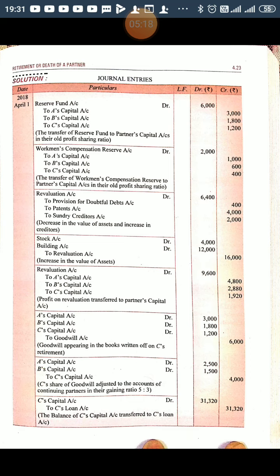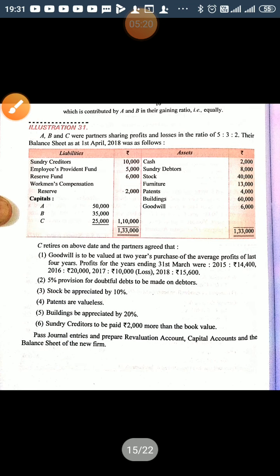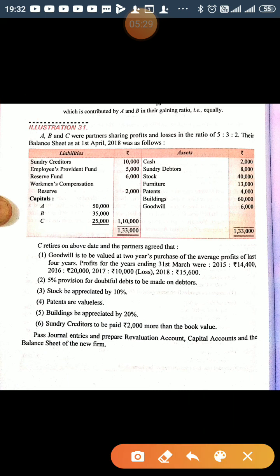Right. Now, one by one, we will take the adjustments. 5% provision for doubtful debt is to be made on debtors. Stock be appreciated by 10%. Patents are valueless. Building be appreciated by 20%.